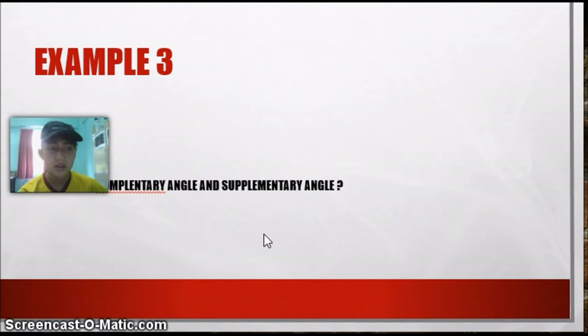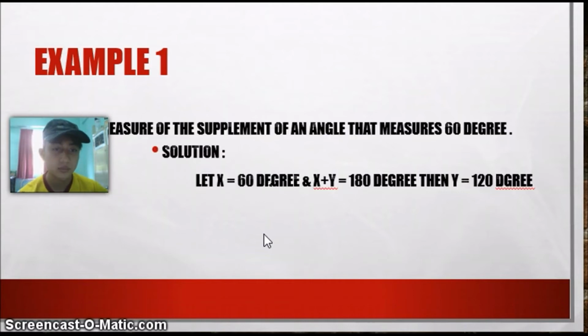Okay, the next example is: find the measure of the supplement of an angle that measures 60 degrees. First step, we must know which type of angle it is. So this question is about supplementary angle. Supplementary angle is the sum of a straight line, which is 180 degrees.